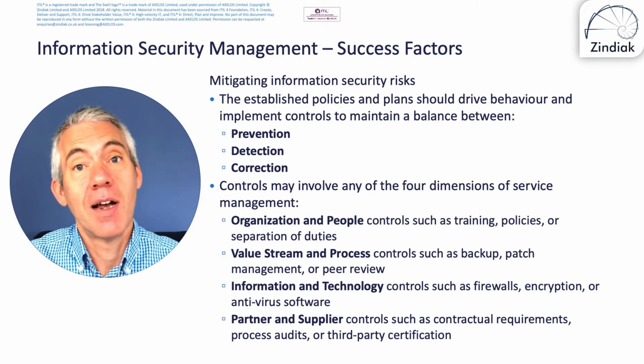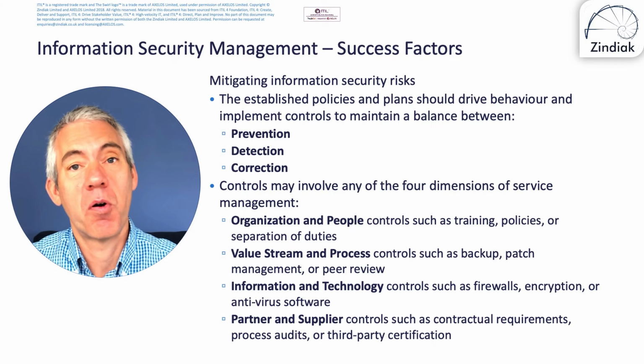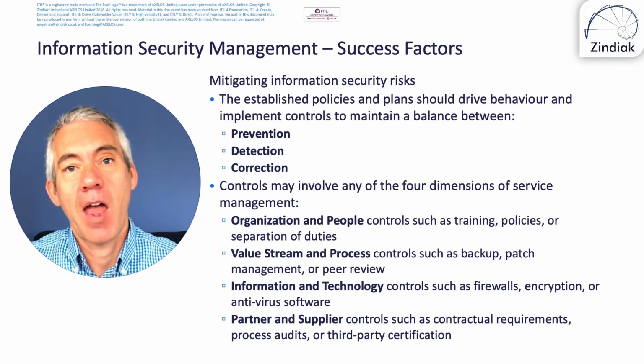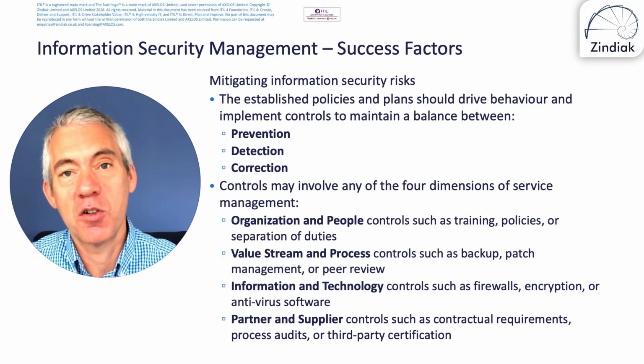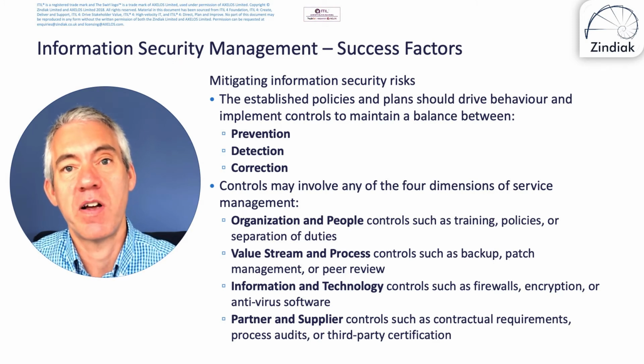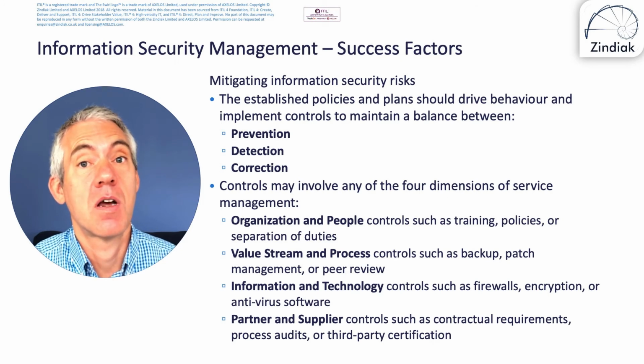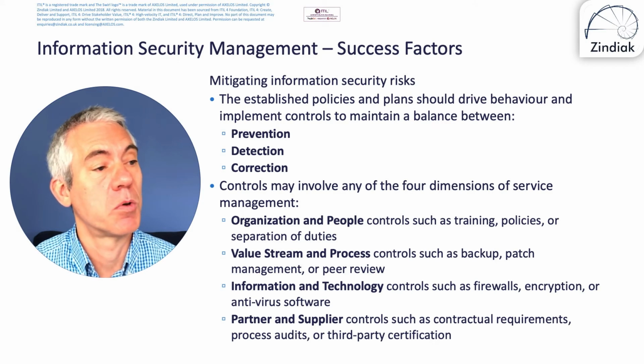So that should be the balance. So clearly we want to prevent security breaches, but there has to be a recognition that however much time and effort and however good we are in expertise we put into prevention, there will be some breaches, and we need to detect them and correct them as quickly as possible, as efficiently and effectively as possible.